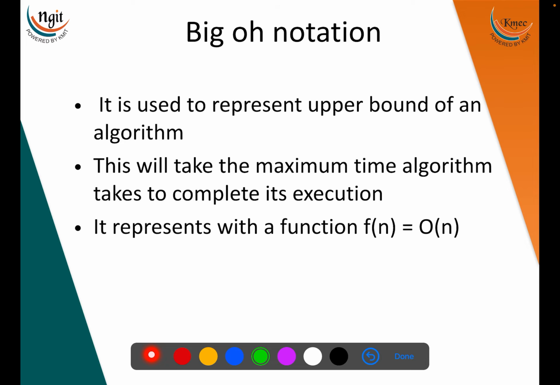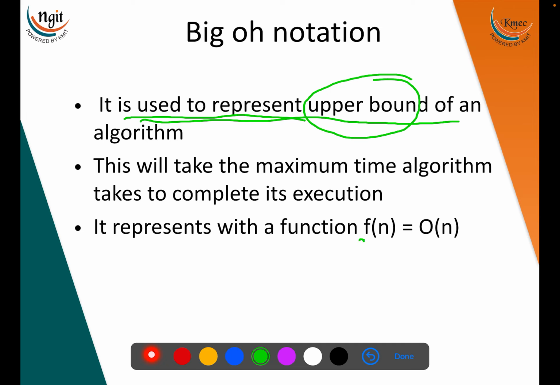Big O notation is used to represent the upper bound of an algorithm. Though all these 3 notations calculate best, average and worst, there is a special constraint for big O notation: it is used to represent the upper bound of a function.